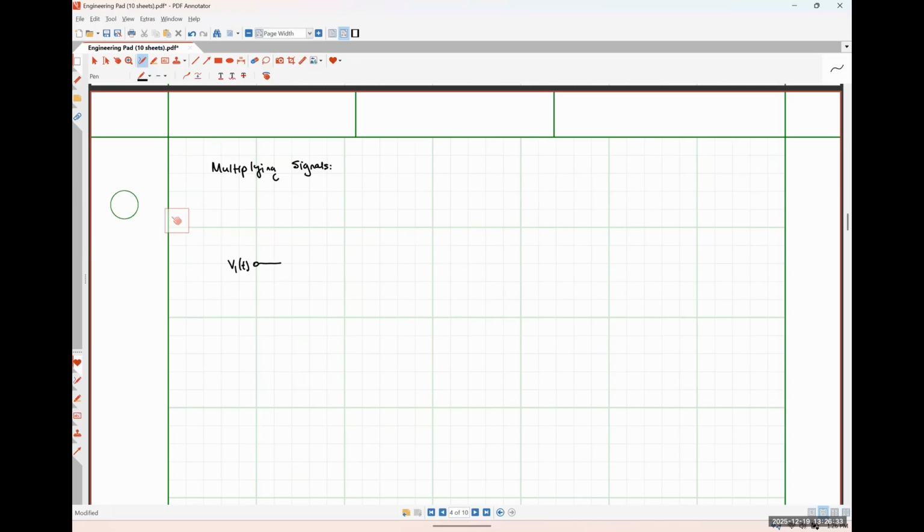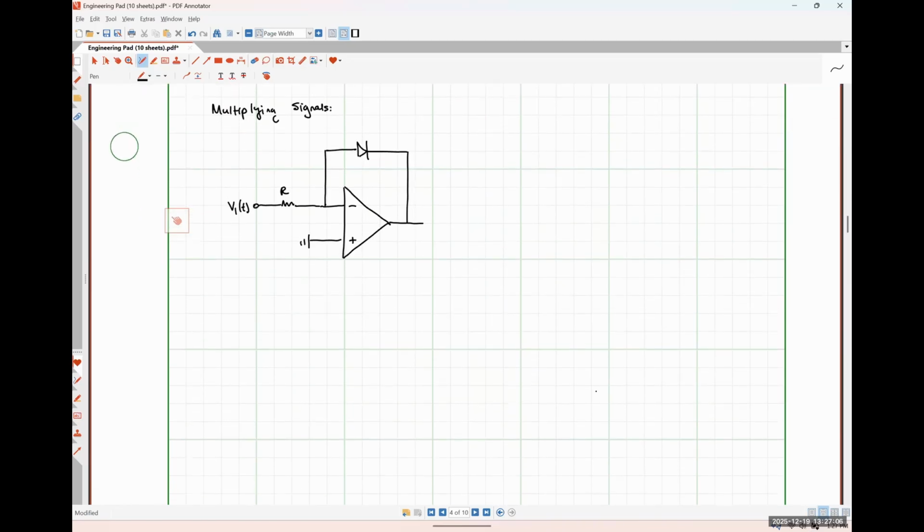Sorry about that. So there's my first logarithmic amplifier. I'll do another one down below it.